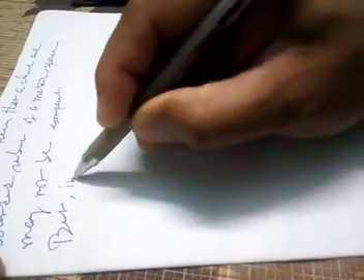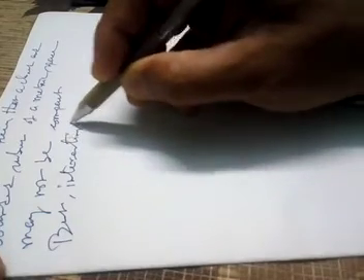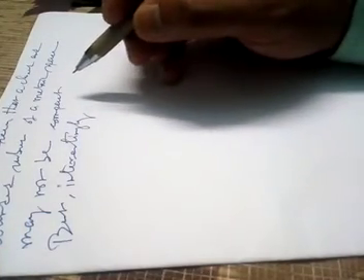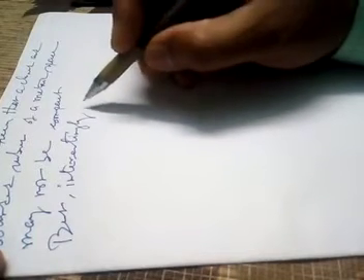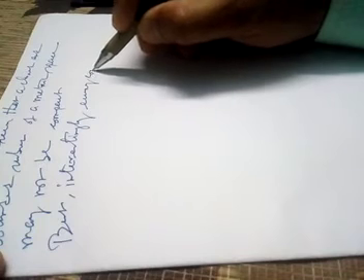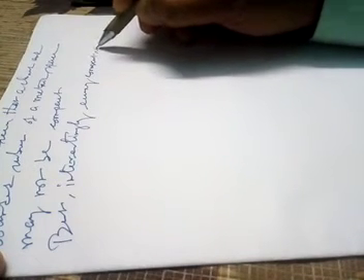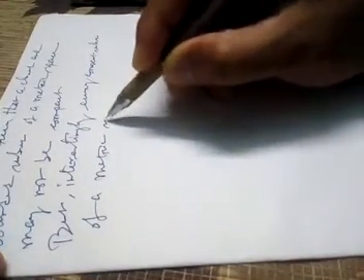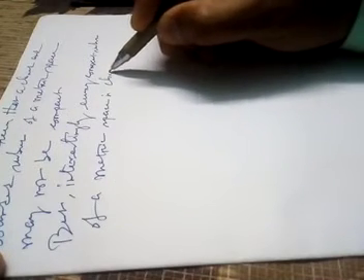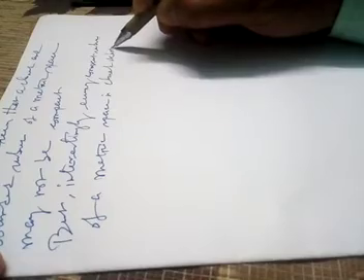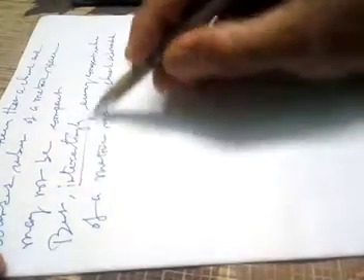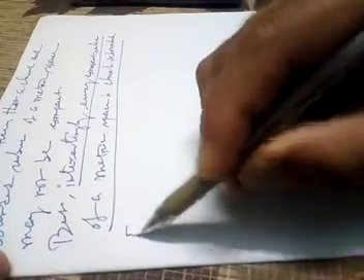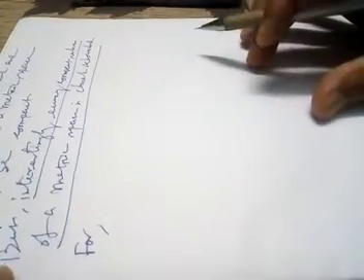But interestingly, every compact subset of a metric space is closed as well as bounded. Closed and bounded.